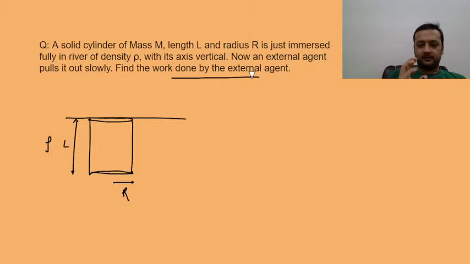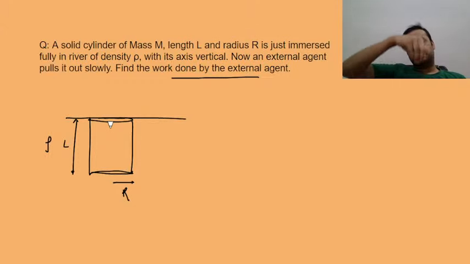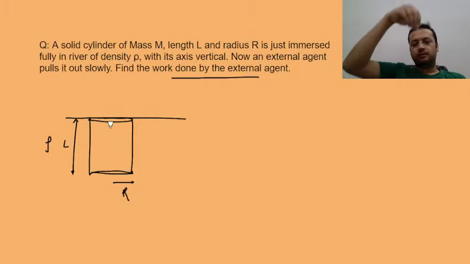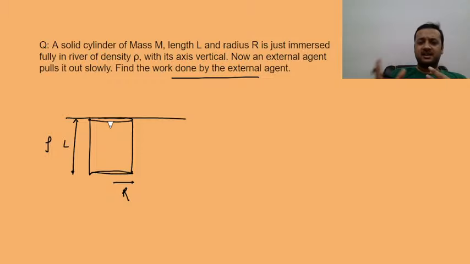Now effectively the question is of finding the work done by the buoyancy force. Let me explain, and then we will see how we can find it. If I ask you how many forces are acting on the cylinder while it comes out, think of the process of it coming outside, someone pulling it slowly.